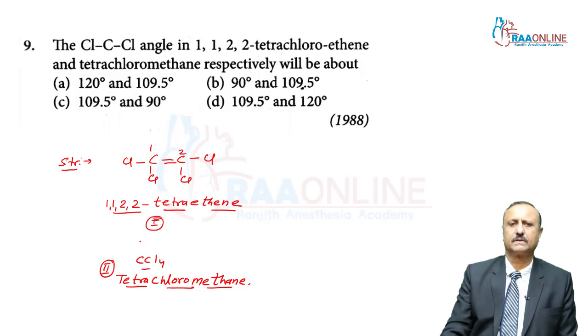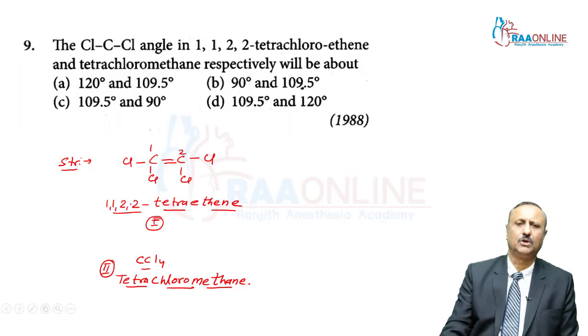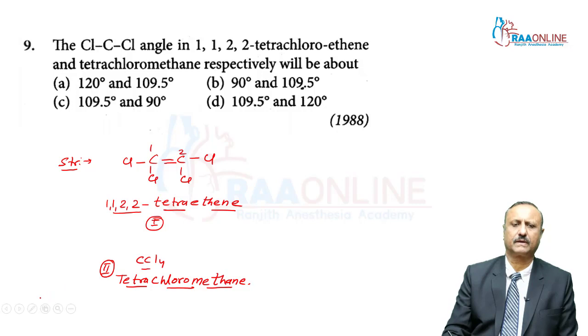Here my dear students, for both these compounds, the question wants the angle. It is a very simple question. You can see the hybridization of the carbon atom. Here the hybridization of the carbon atom is sp2. Here the hybridization of the carbon atom is sp3. Then you can find out the angle easily.